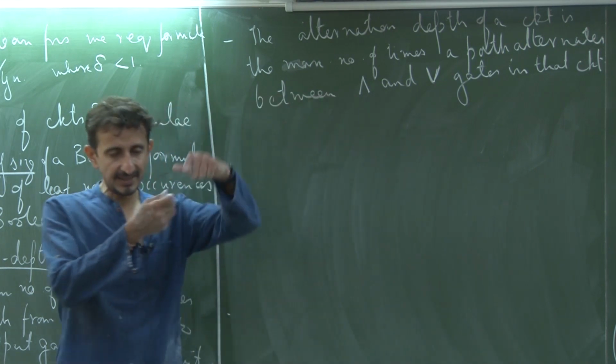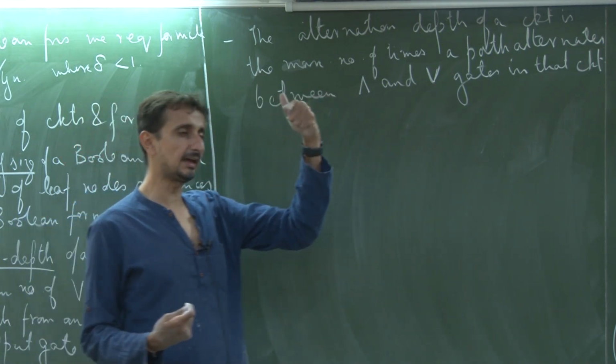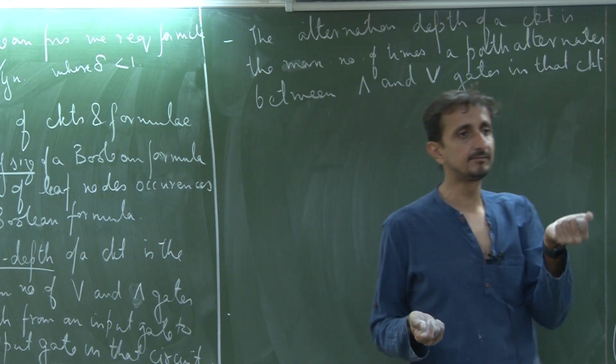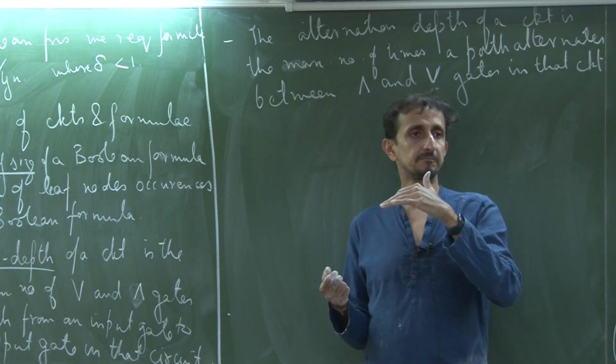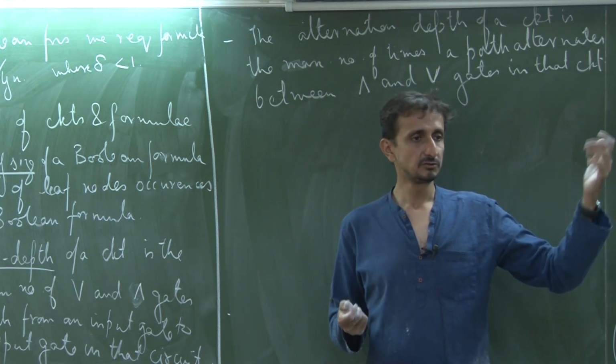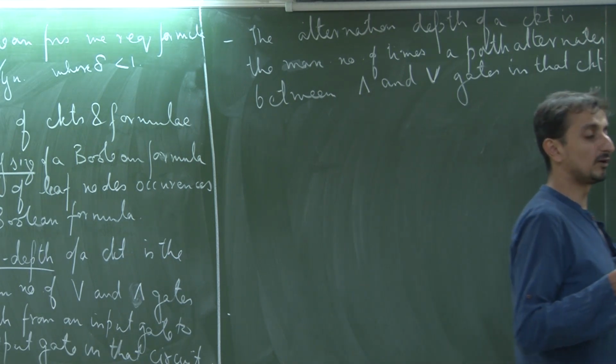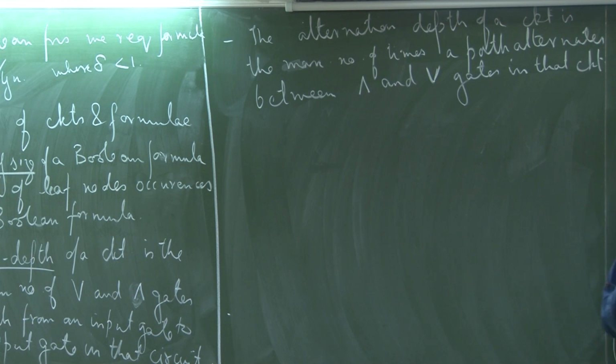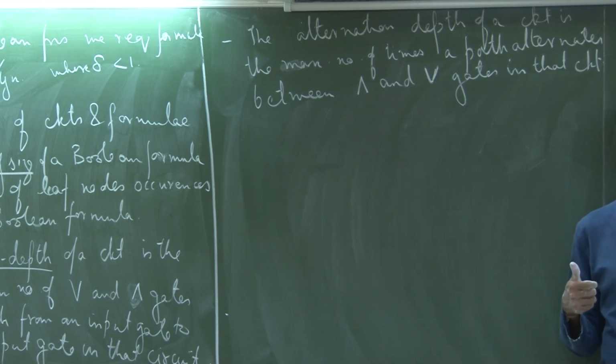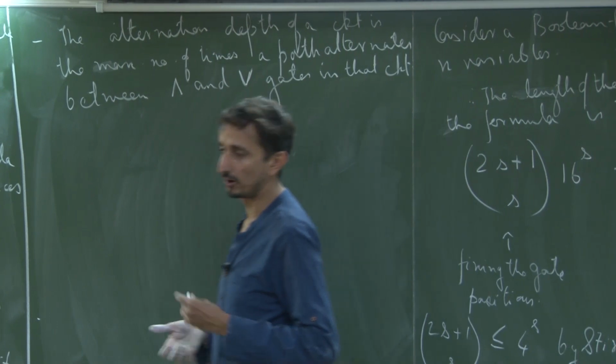Now take any path. Along that path, let us say I can have the gates as OR, AND, OR. So the number of gates present is 5, but the number of alternations is only 2, because you go from OR to AND and then from AND to OR. That is what we mean by alternation depth.